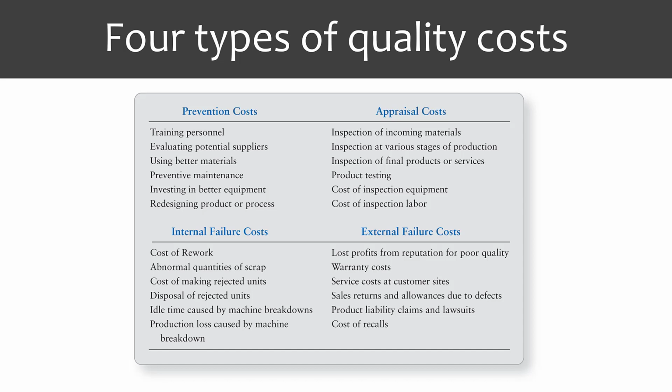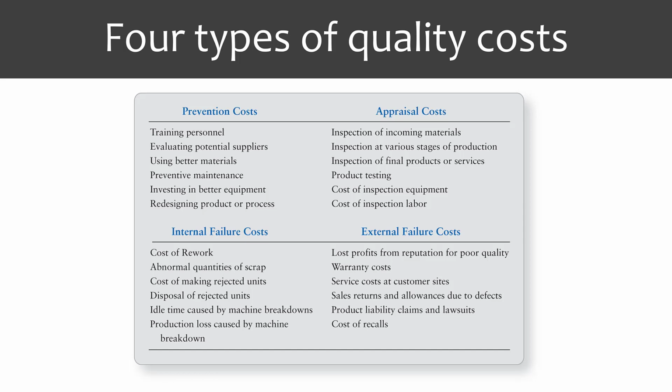Internal failure costs could include cost of rework, abnormal quantities of scrap, cost of making rejected units, disposal of rejected units, idle time caused by machine breakdowns, production loss caused by machine breakdowns. And finally, external failure cost: lost profits from reputation for poor quality, warranty costs, service costs at customer sites, sales and returns allowances due to defects, product liability claims and lawsuits, and cost of recalls.